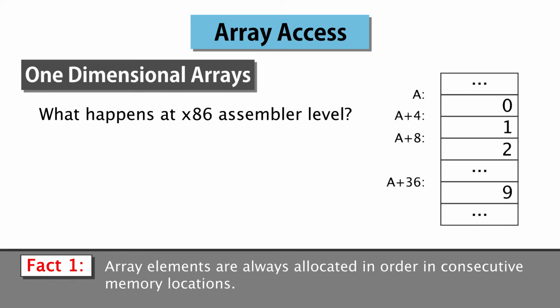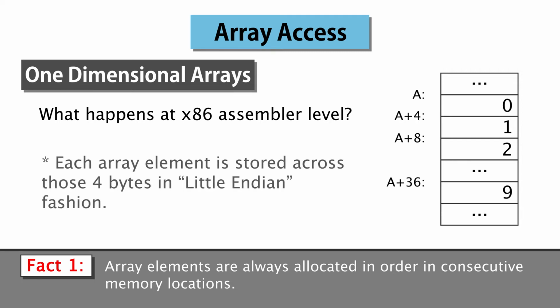A is still the address of the first element in the array, but successive array elements are 4 addresses apart, since each int requires 4 bytes of storage. Each array element actually is stored across 4 bytes in Little Endian fashion, but we won't bother to show that here.